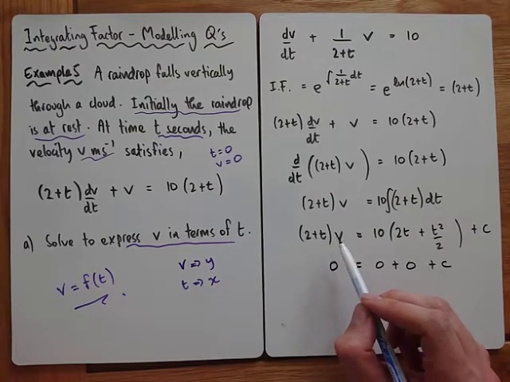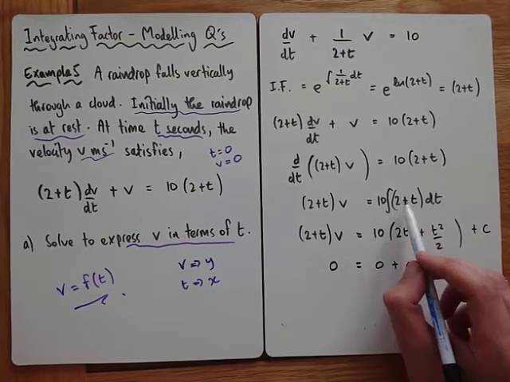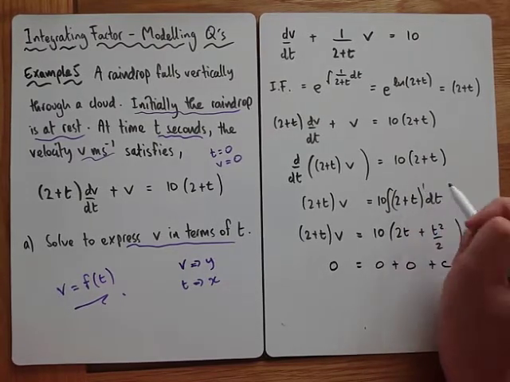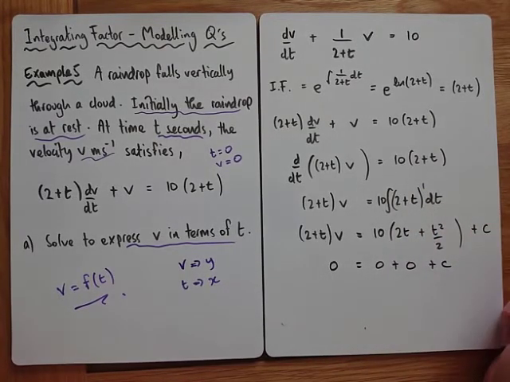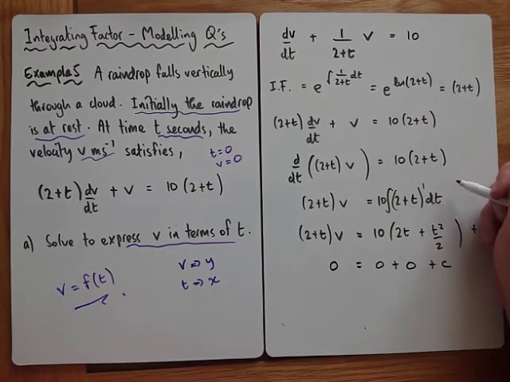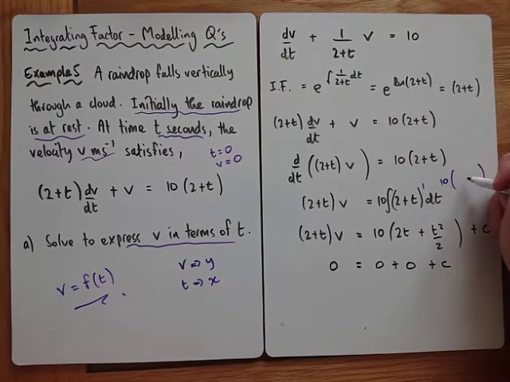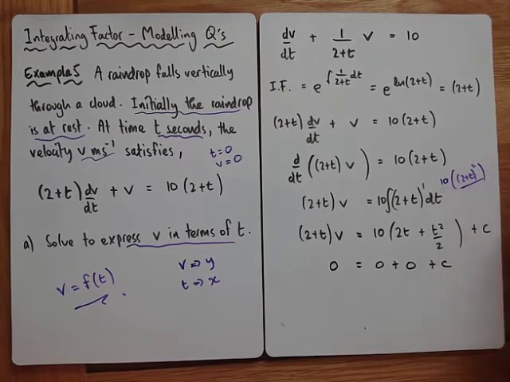One thing I've noticed, we could have integrated this in a different way, as a bracket to a power, because it's like 2 plus t to the power 1. You don't need to do that, but it makes the numbers a bit easier. Because it's just a linear function, add 1 to your power, so that would be 2 plus t squared, divide by your new power, and divide by your coefficient, which is just 1.